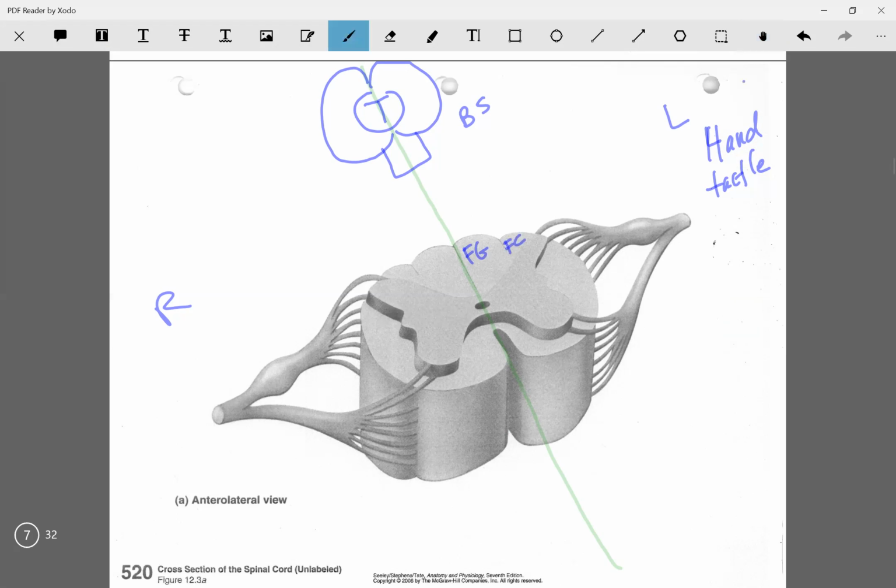Because it's tactile at the hand, which means belly button up, it's going to go into the FC. So sensory information goes in, through the hand, up the arm, into the dorsal nerve root, into the dorsal horn.